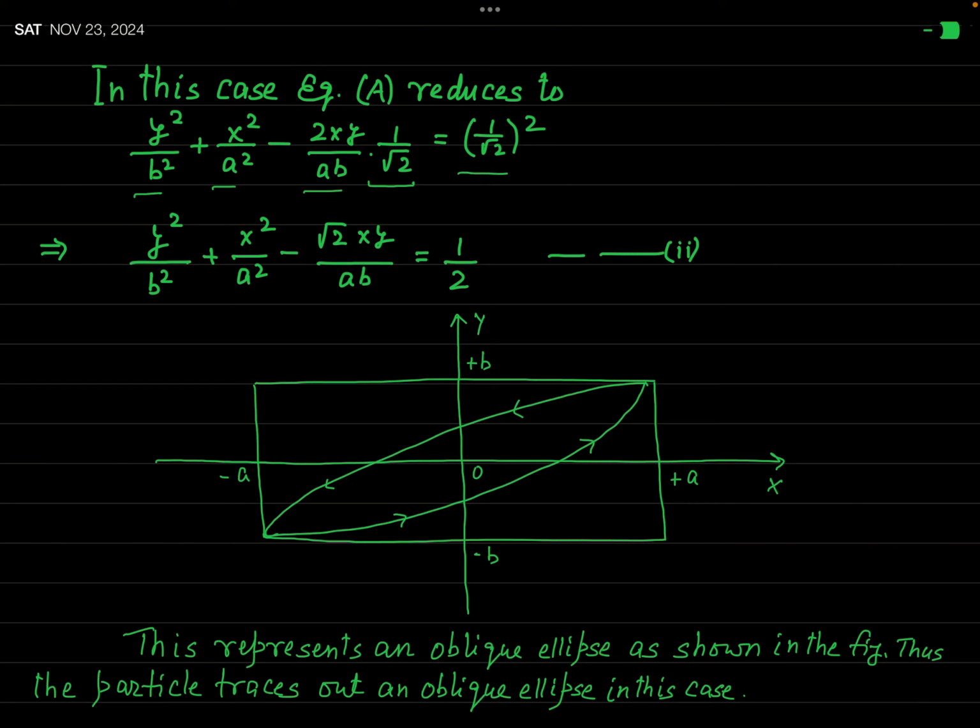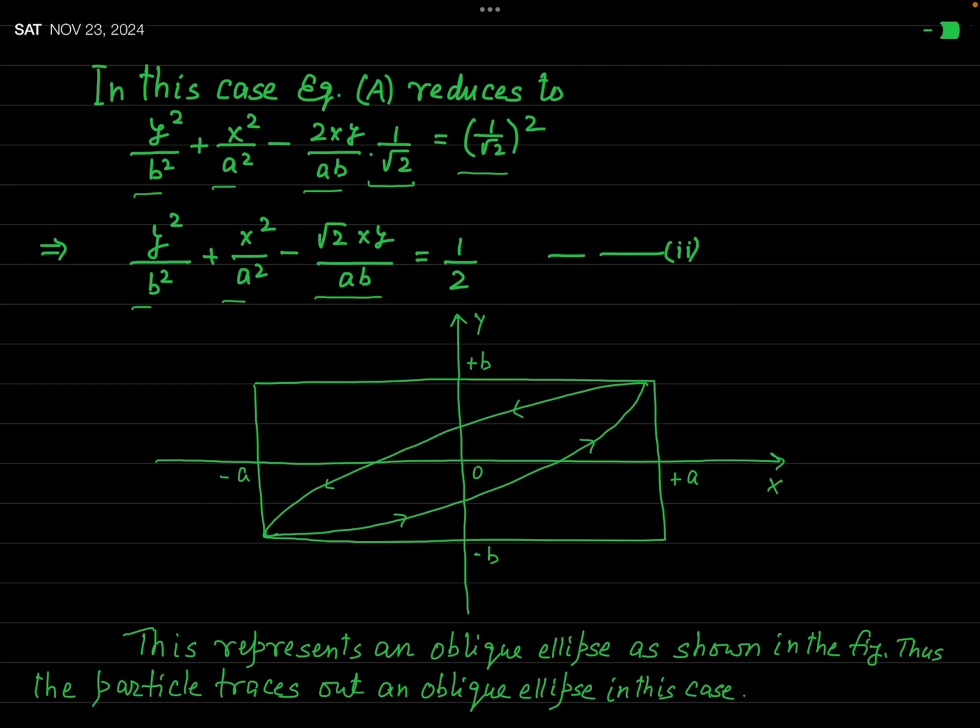So now this equation becomes y square over b square plus x square over a square minus root 2 xy over ab equal to 1 by 2. This is the resulting equation of motion, or you can say the equation of the resulting path of the particle when the phase difference between the two superposing simple harmonic motions is equal to 45 degree.